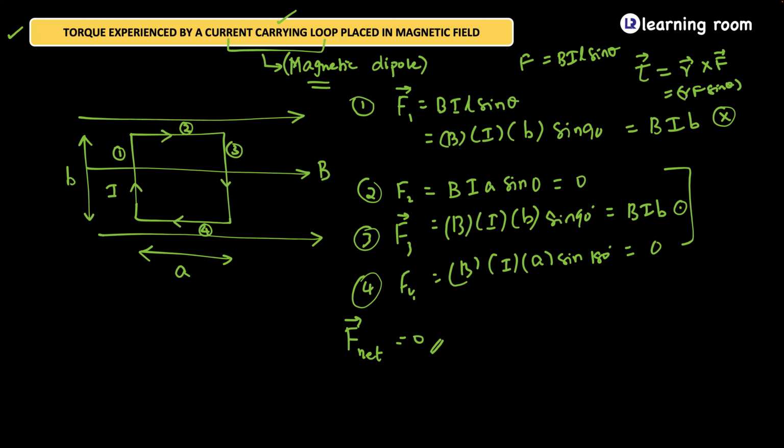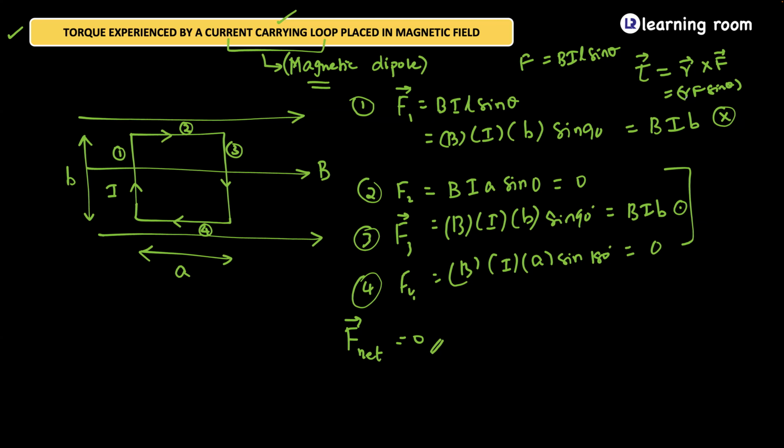This I've told you many times. So the thing is, if there is a displacement, then force can't be 0. So what will happen is, this is being pushed inside and this is being pulled outwards, right?